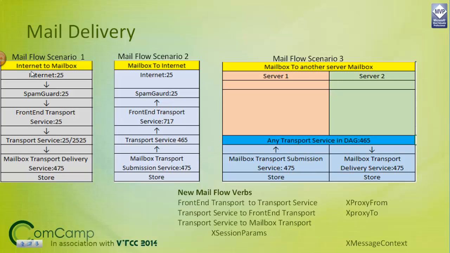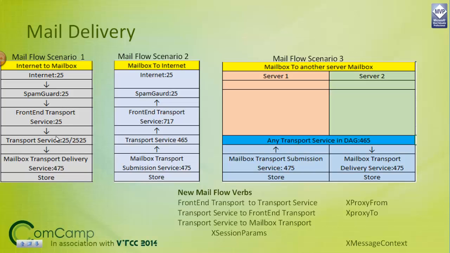So on the first scenario, the email will connect from the internet to our spam guard. This can be your Edge server or EOP or any other spam guard, Barracuda, or there are so many. Spam guard scans and then forwards the email to front-end transport service on port 25.